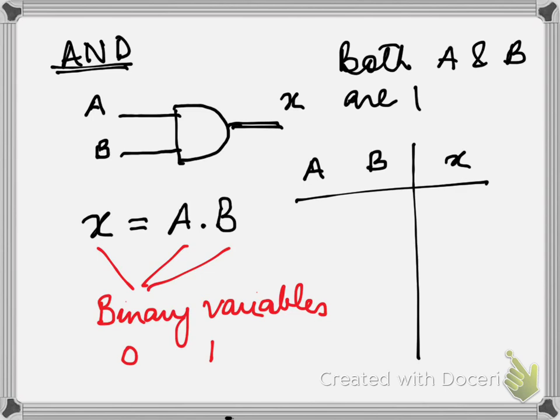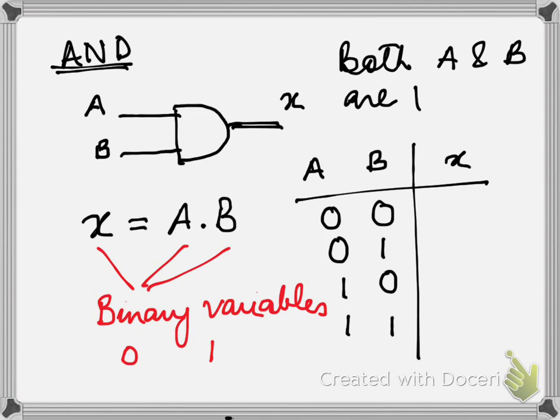A can take value 0 or 1, similarly B can take value 0 or 1. Let us write down all possible options. First is 0, 0: A is 0, B is 0. Then 0, 1: B is 1 and A is 0. Then 1, 0: A is 1, B is 0. And the final is 1, 1.